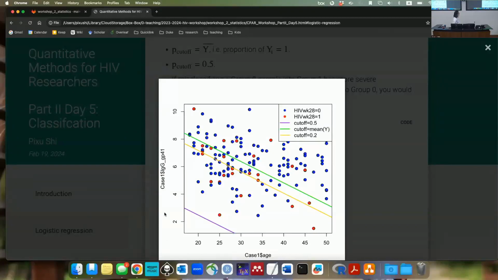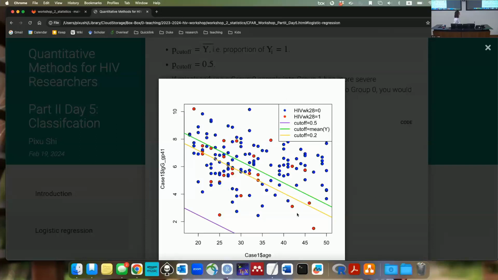And logistic regression is basically trying to look for a linear separation of those data points such that on one side, you're going to classify as infected. On the other side, you're going to classify as uninfected.